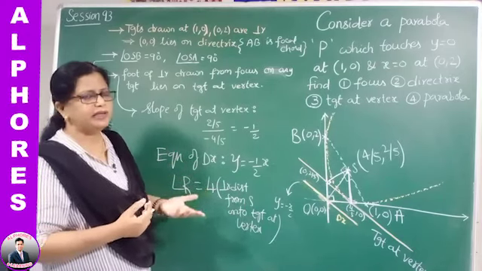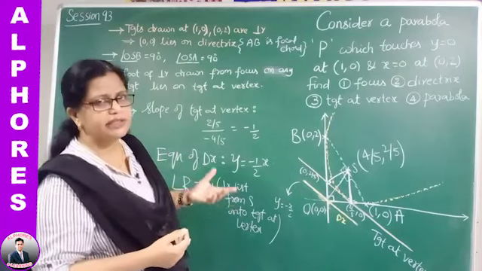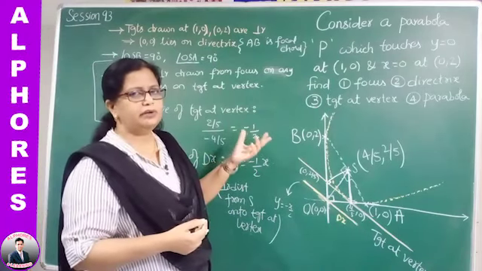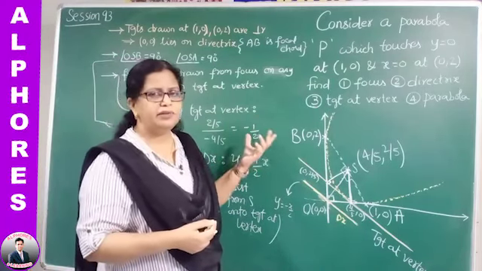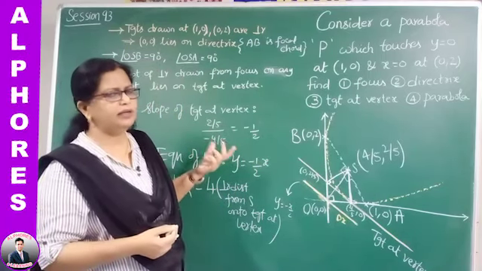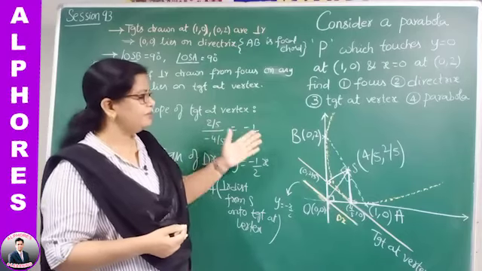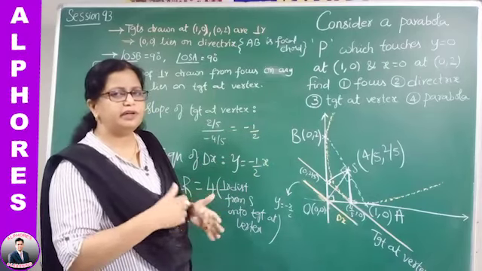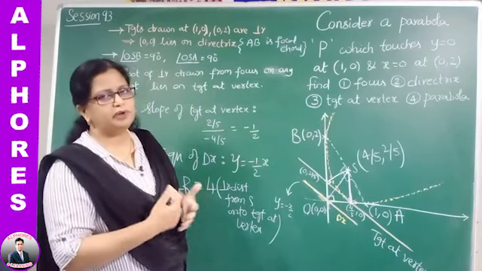Anytime if you forget, immediately take the standard form and derive. The properties we have derived don't take that much time, just 2-3 steps only. So in that way, students, better remember the basic properties which we have discussed, the first 5 or 6 properties.